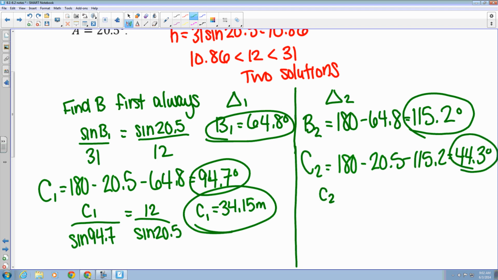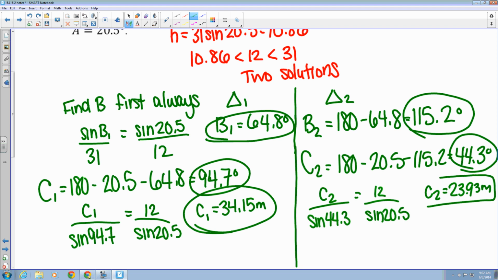And I'll find my side C2. My side C2 is 23.93 meters. Okay, so it's tricky to set up right away, but once you understand the process of setting that up, it's really not challenging.